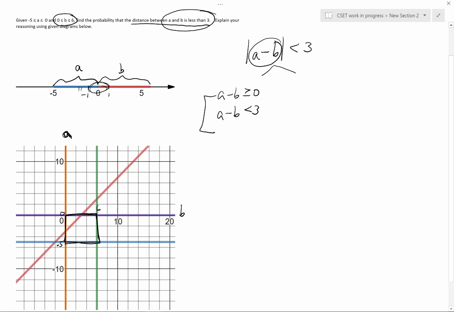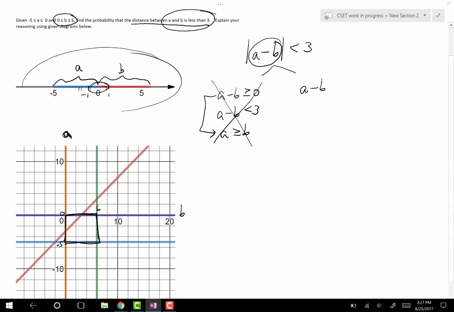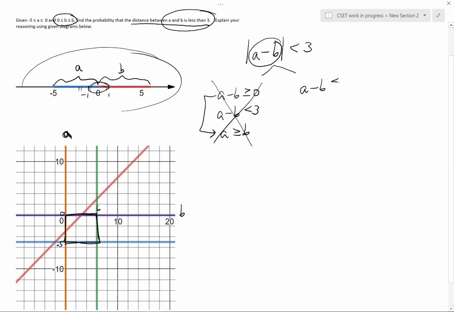But if this were the case, that would mean a would be greater than or equal to b, and we can see from our picture that we're given that a is less than b. A is negative, b is positive. This is not the case we're dealing with. We're dealing with the case where the inside of that absolute value is less than or equal to 0.